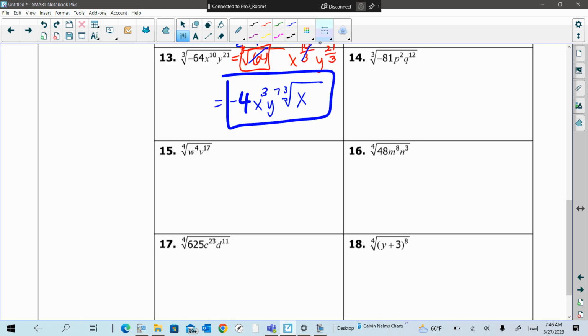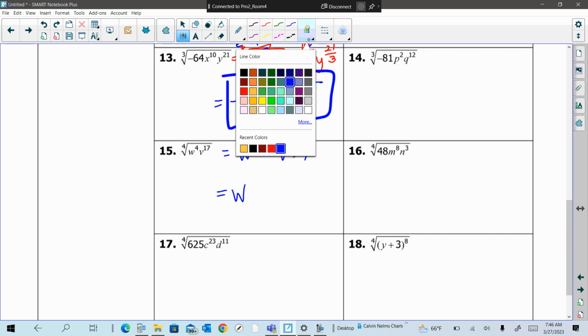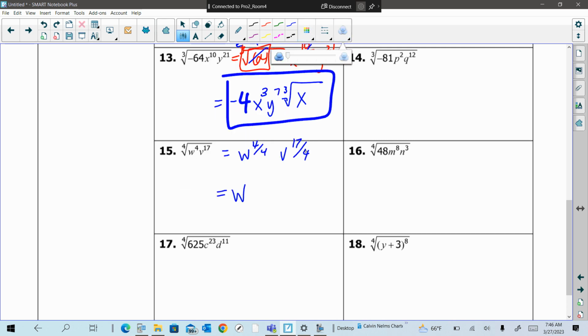Alright, so on 15 you just have variables. Think of it as 4 divided by 4, power of 4 divided by 4. Oops, that's a v. And a power of 17 divided by 4. So 4 can go into 17 right here 4 times, which is 16, with the remainder of 1.